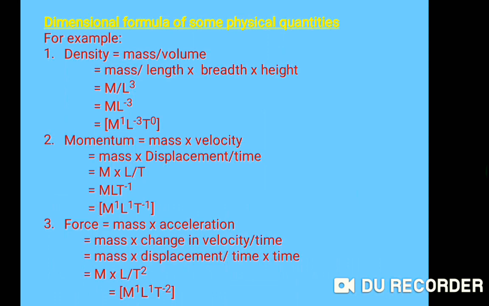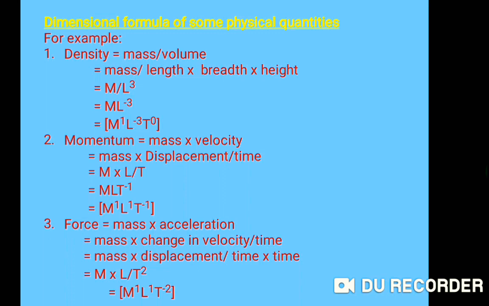First one is density. The general formula of density is mass by volume. Suppose we have a cuboid. The volume of a cuboid is length into breadth into height. We already understand that length is measured in centimeter or meter, breadth is also measured in centimeter or meter, and height is also measured in centimeter or meter.